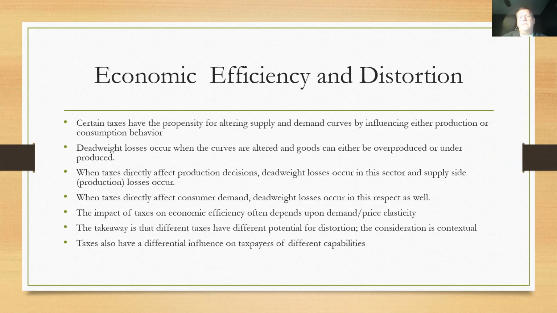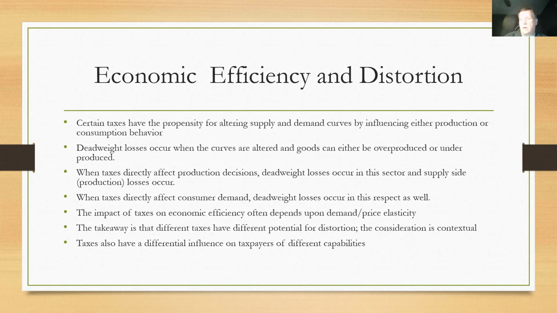So the takeaway from that discussion of economic efficiency for week 6 was really the contextual nature of economic efficiency in taxation. It really does depend upon the type of tax. It also depends upon how the market will respond to an increase in the price of a good that comes from the imposition of that tax.